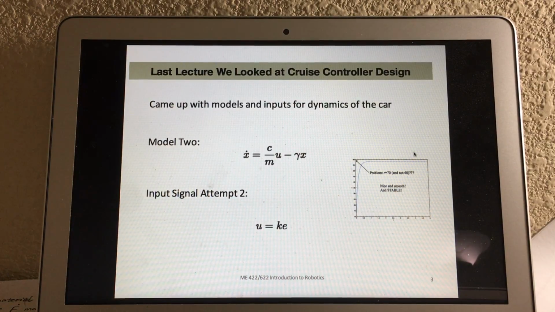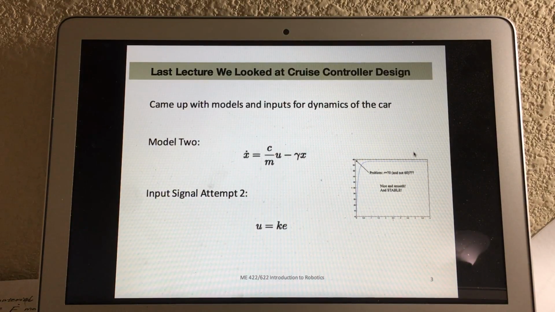Now for the second model, we wanted a better design, so we made the input u proportional to the error e, which is, once again, the difference between the reference value and the real velocity of the car.